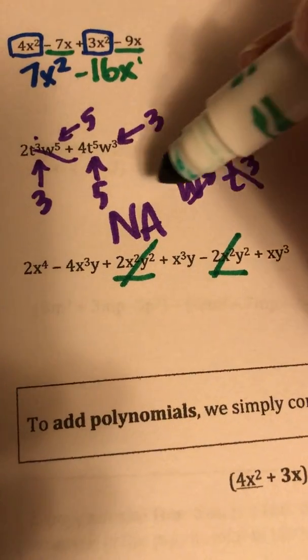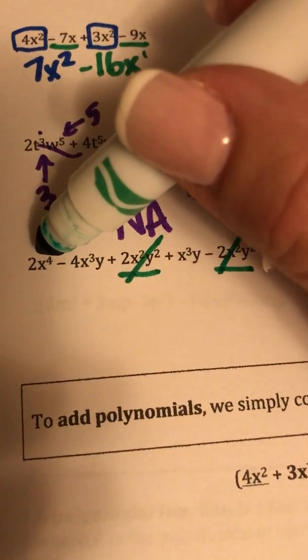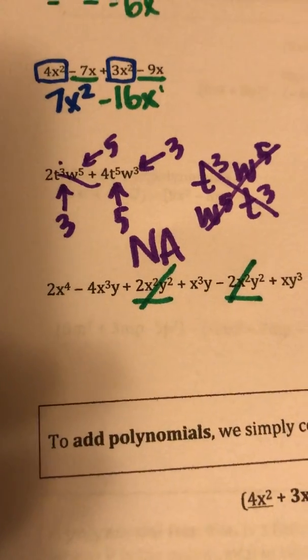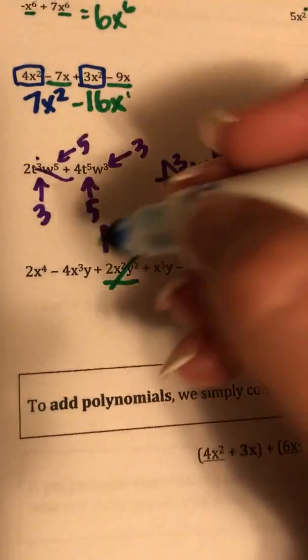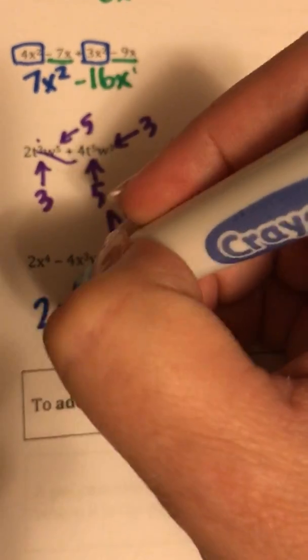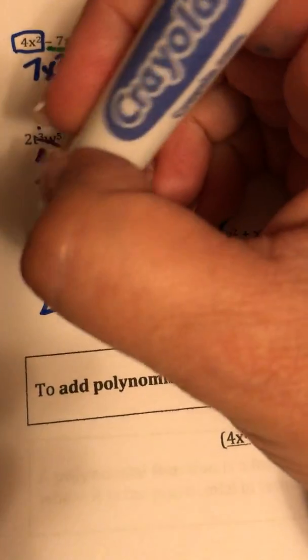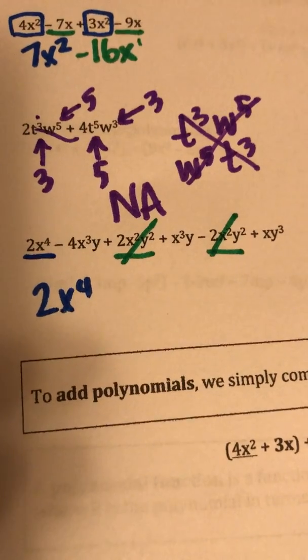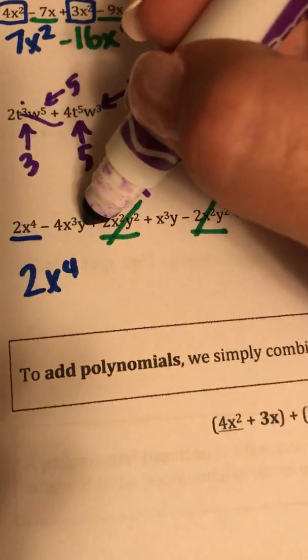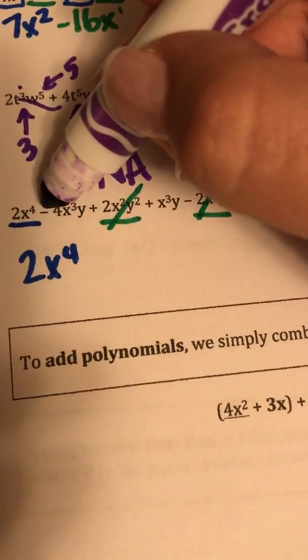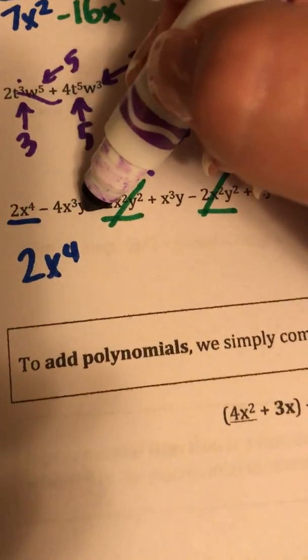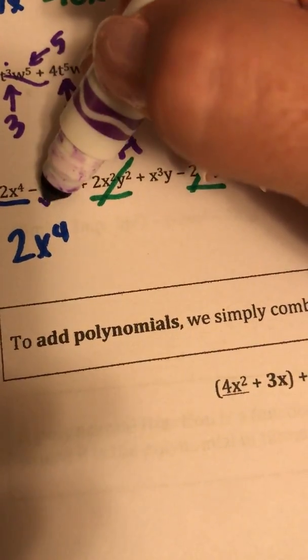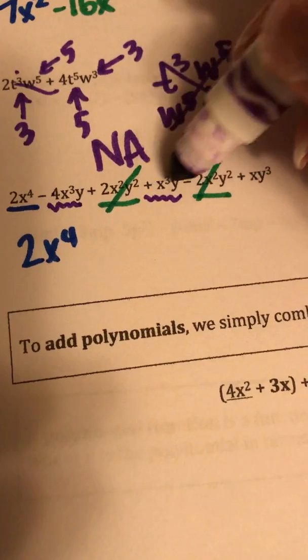All right. So let's get started here. It looks kind of messy, but we're going to start with 2x to the 4th. There were no other x to the 4ths. But I do see x to the third y, x to the third y. So negative 4x to the third y and positive x to the third y.